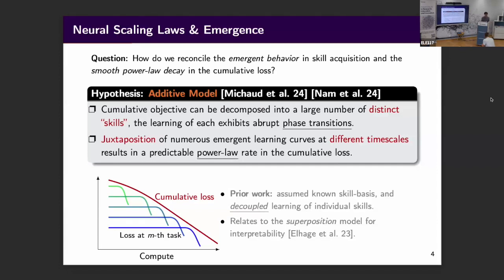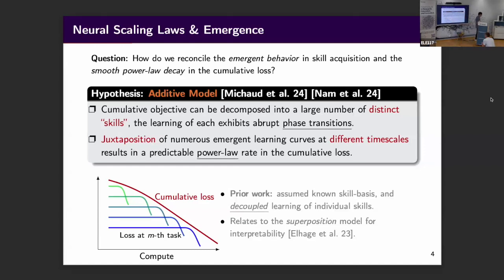The learning of each of these tasks can exhibit sharp transitions. But because my loss is a sum over a lot of these emergent curves, and if they emerge at different time scales, I will have an overall smooth power law decay. This is illustrated in this figure. If I look at the learning of each individual skill, I have a plateau, and then the loss drops. But because my loss is a sum over all of these, it looks smooth.